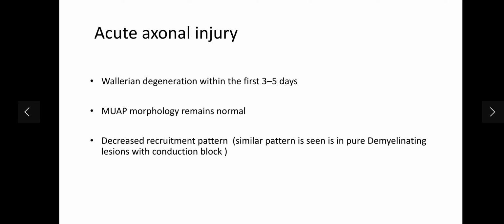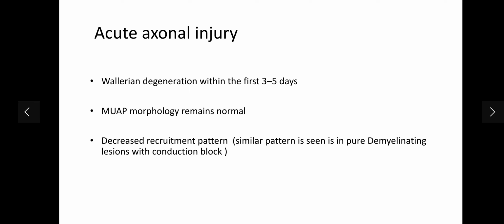Now we will look at the pattern of motor unit abnormalities that could be seen in needle EMG, putting things together. We will start with acute axonal injury. When there is acute axonal injury, you expect Wallerian degeneration to occur within the first 3 to 5 days.